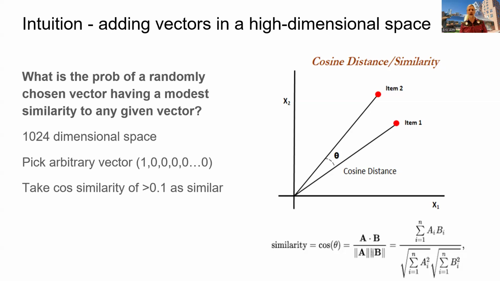But let's imagine we have a vector of length 1024. Well, we could pick an arbitrary vector, and let's say that's our signal. And we'll pick it to be 1 followed by 1023 zeros. Like that's our signal vector.